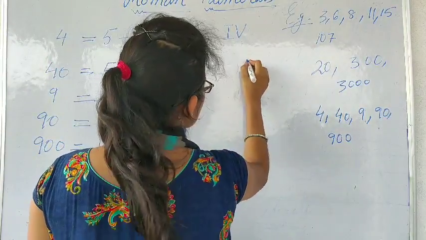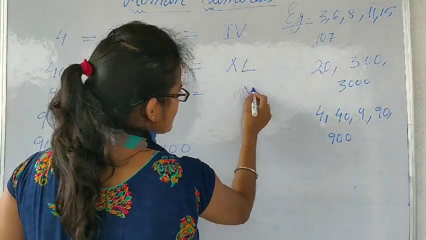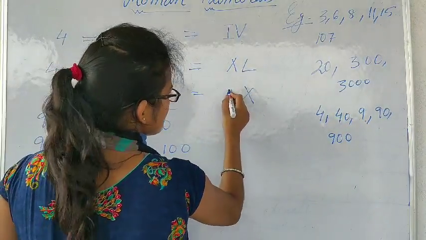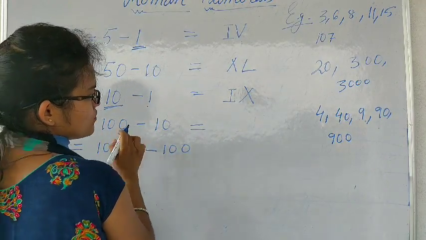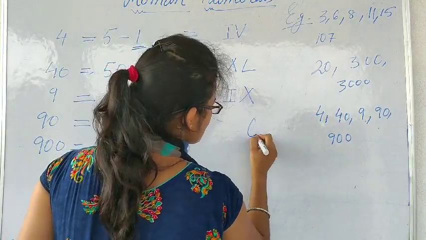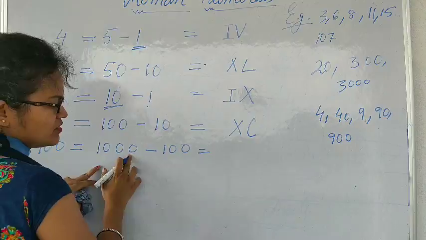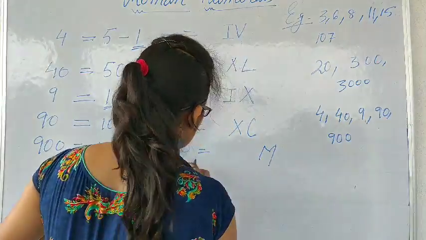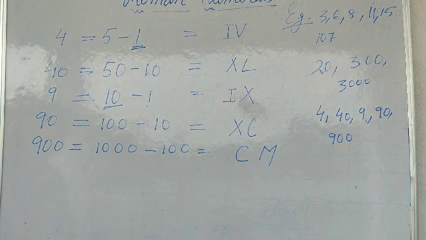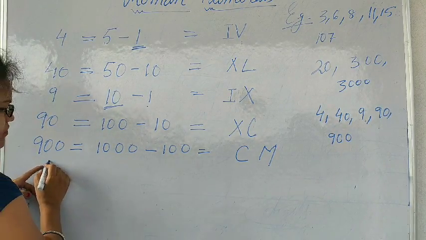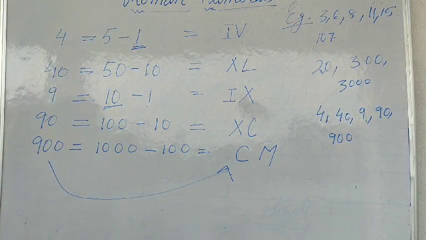For 50, this is L, X. For 10, this is X, and for 1, this is I. For 90, for 100, C, and for 10, X. For 1000, this is M, and for 100, this is C. So these are the numbers that we have written from Indian number system to Roman numerals.